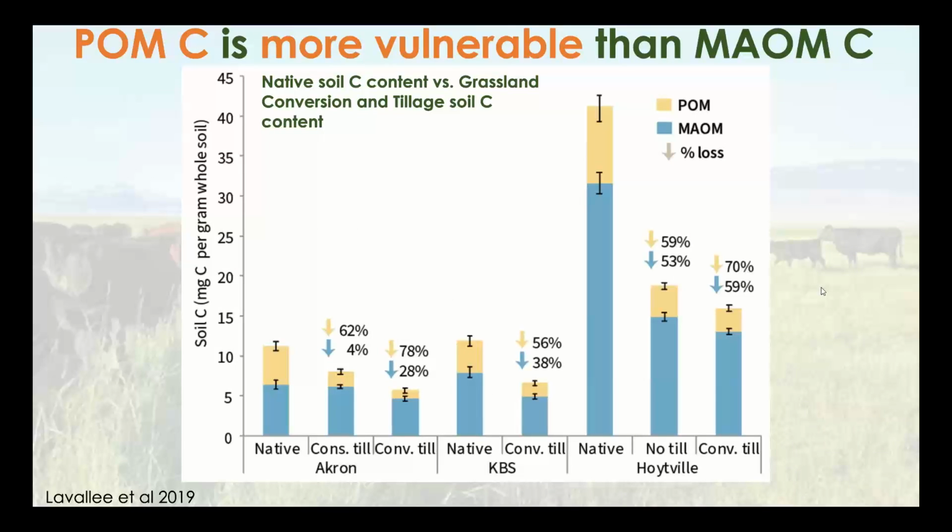Okay, and another thing, this study is a good demonstration of how particulate organic matter carbon is more vulnerable to disturbance than mineral-associated organic matter. So on the y-axis here, we have soil carbon content in the whole soil, and these are 3 different sites: Akron, KBS, and Whiteville.